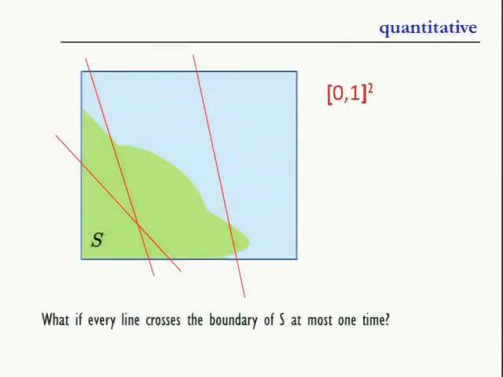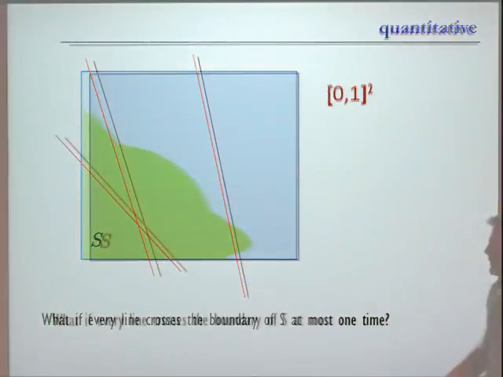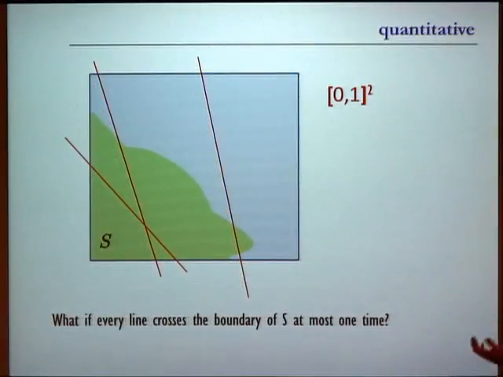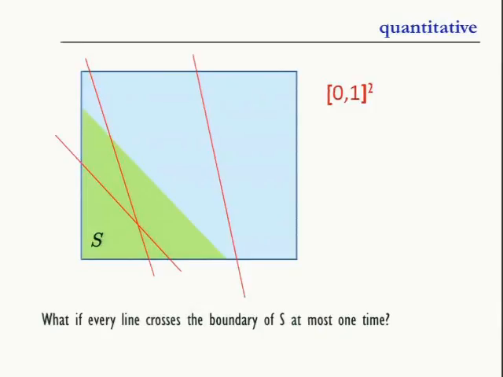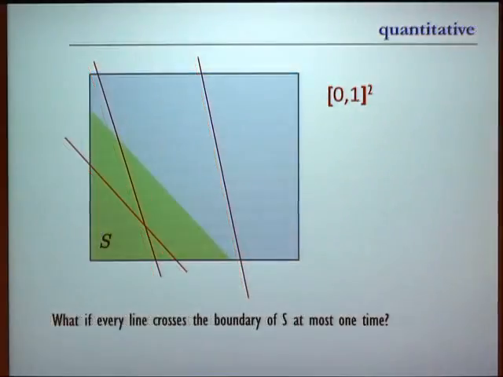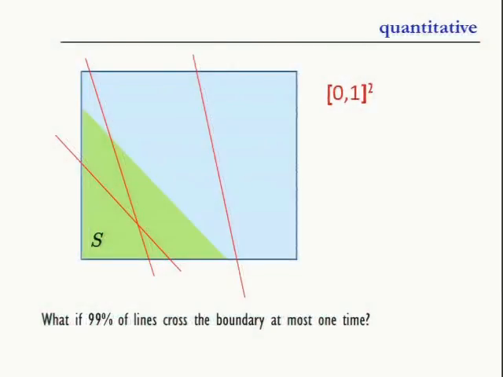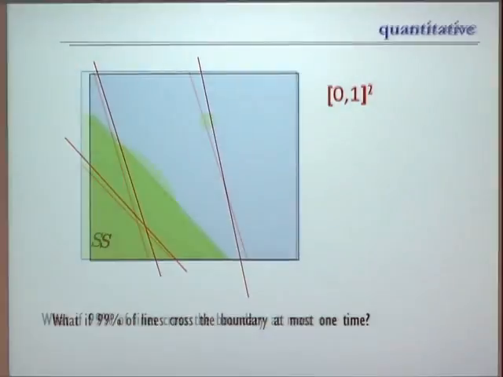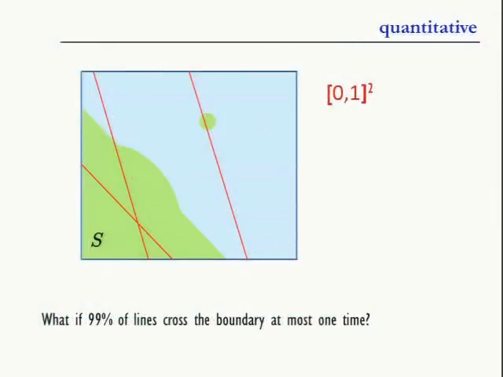So if I tell you that every line crosses at most one time, this line doesn't. This line crosses twice. But if every line crosses the boundary of S at most one time, we've already said S has to be the restriction of the intersection of a half space with the unit square. Okay. So now, if you want some quantitative version of this theory, you have to start asking about a slightly more difficult question, like what if 99% of the lines cross the boundary at most one time?